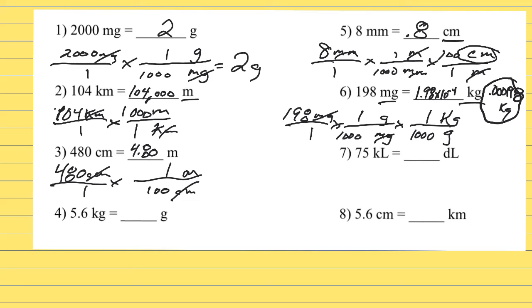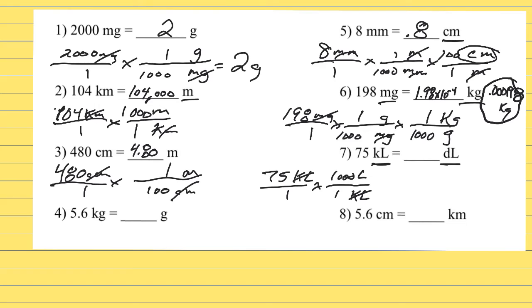All right, I threw a fastball at you. Let's see if we can do it. We take 75 kiloliters. Let's take that to liters. So there's 1,000. Whoops. See, even I screw up once in a while. There's 1 kiloliter to 1,000 liters.